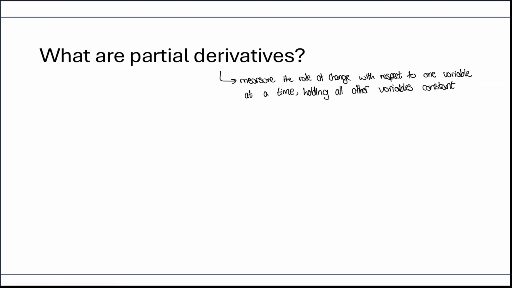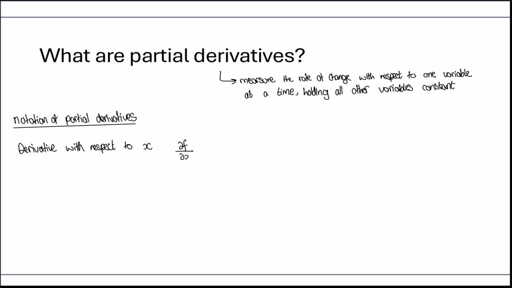So the notation of partial derivatives: if we had a derivative with respect to x, we would have the notation as this with this curly symbol, and if it was with respect to y, we would have this, and then if it was z, then this y would change into a z.